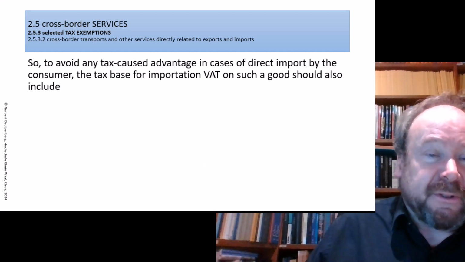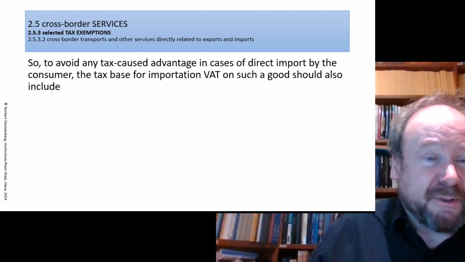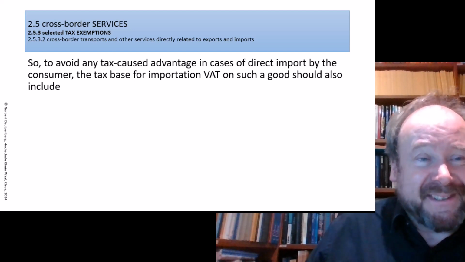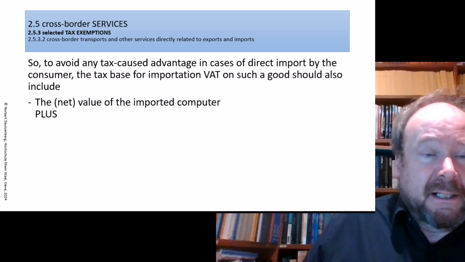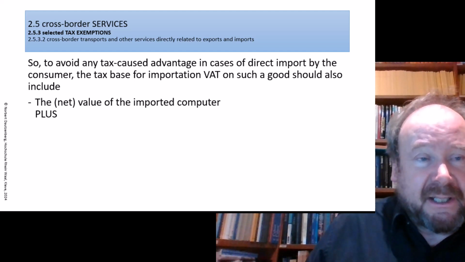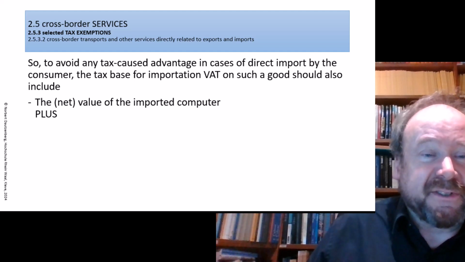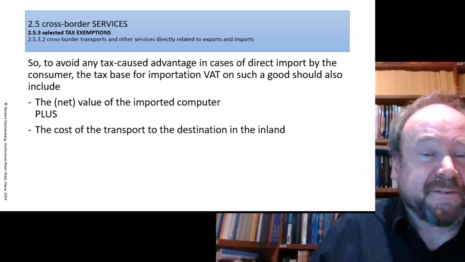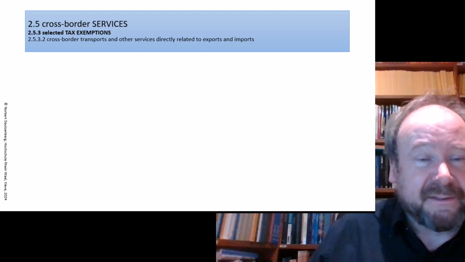If we want to avoid any tax cost advantage in cases of direct import by the consumer, this is our example with which we have to compare. So the tax base for the direct import by the inland consumer should also cover the net value of the imported computer plus the cost of transport, because every inland alternative would consist of these cost elements.